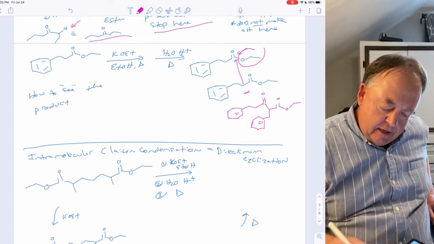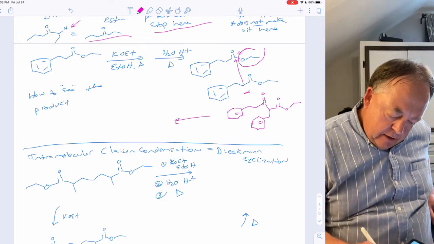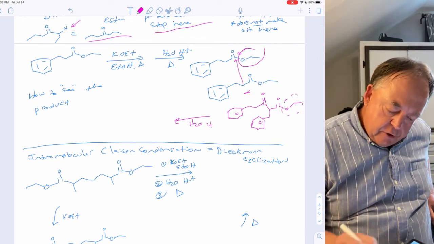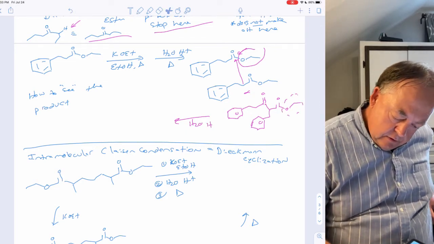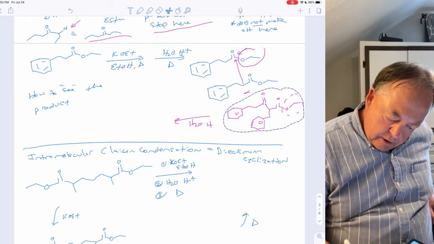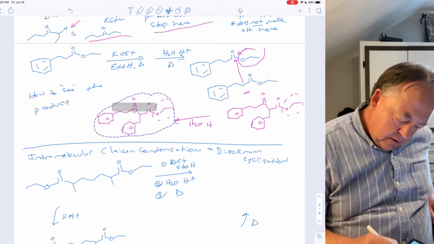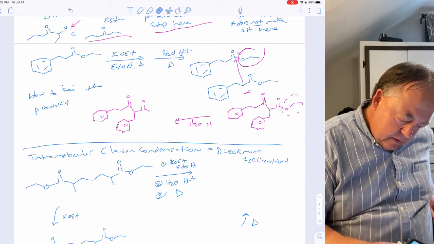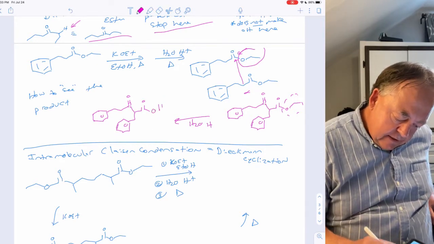So now you have the beta keto ester, and if you do H2O, H plus, then that's going to knock this off, and you have a carboxylic acid. So if we just take this whole thing, copy and paste it, now that's gone, and you have the carboxylic acid instead.